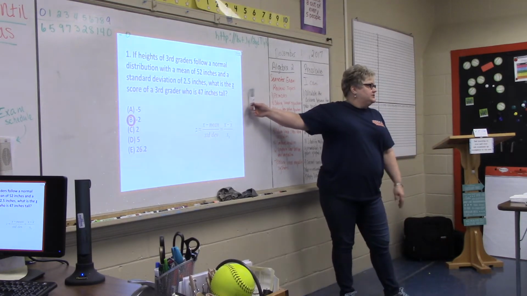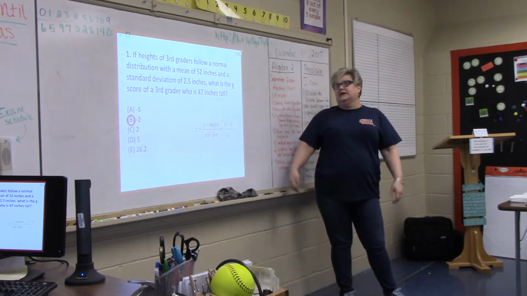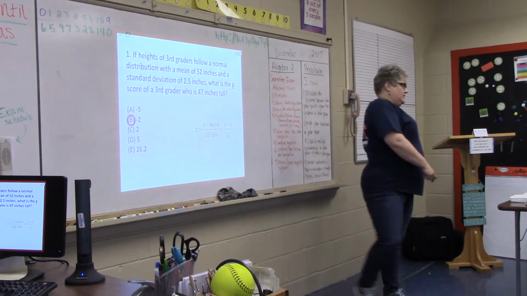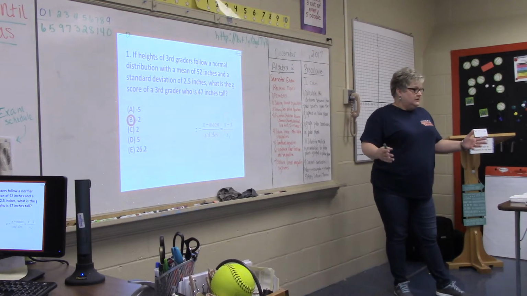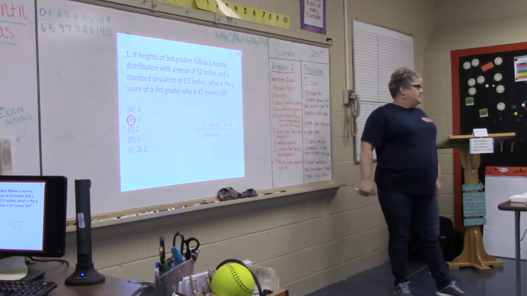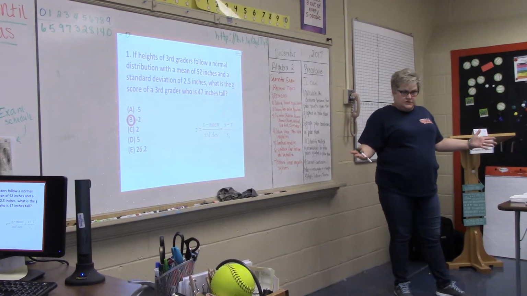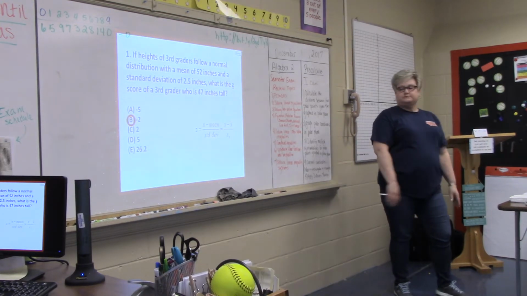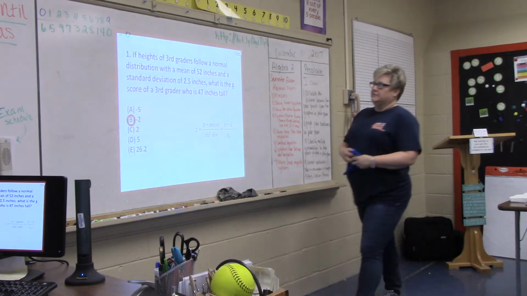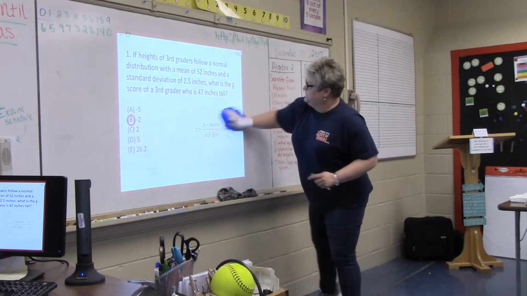This kid's not average. The poor kid's not very tall. But if they tell you you're at the 98th percentile, then you're taller than 98% of the kids who are at this particular age. So you need to be able to interpret what all that kind of stuff means together. All right, let's go look at question 2.